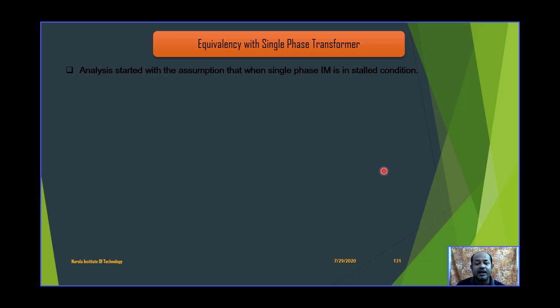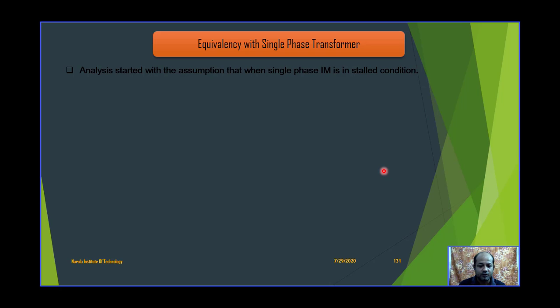That means when the rotor is not rotating, it is on the verge of rotating, that means it is in standstill condition, we can consider the single phase induction motor or three phase induction motor similar to a single phase transformer in short circuit condition, as if the secondary is shorted.